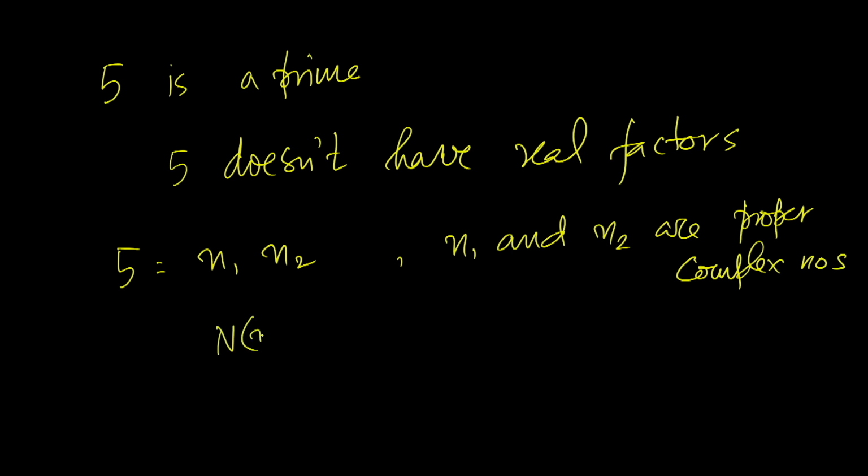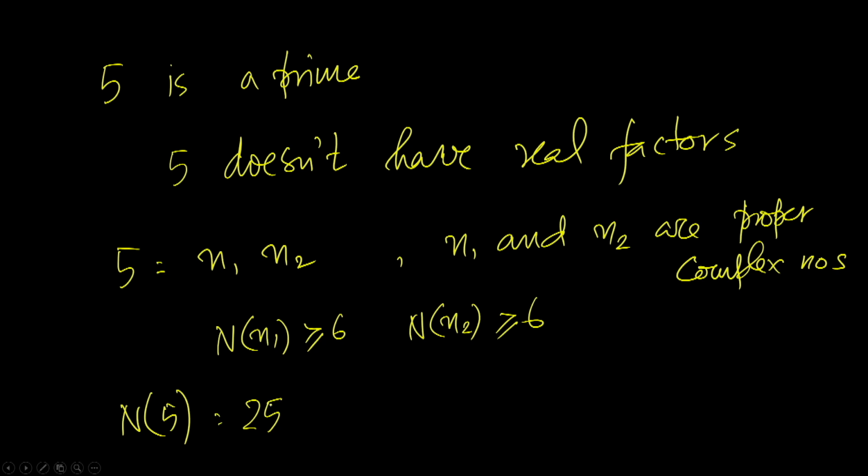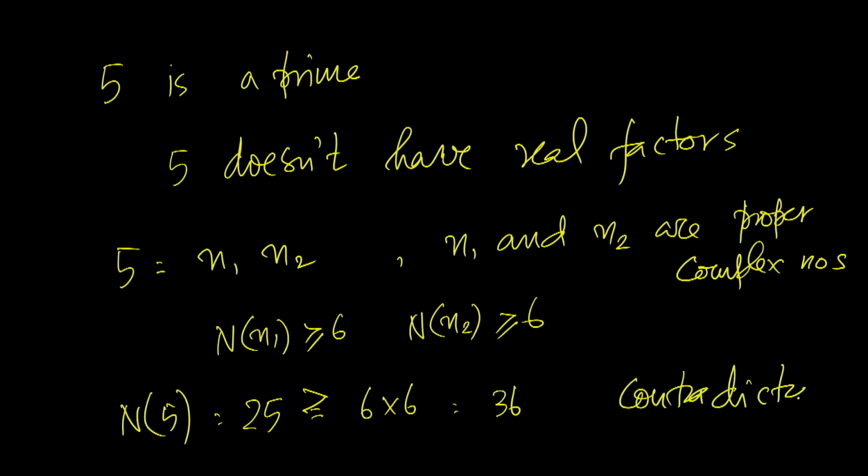Which means the norm of n1 is greater than or equal to 6 and the norm of n2 is also greater than or equal to 6. But the norm of 5 alone is 25. Therefore, we have that 25 greater than or equal to 6 into 6, which is 36, which is a contradiction. Therefore, 5 cannot be expressed as n1 into n2, where n1 and n2 are both complex numbers belonging to C. Therefore, 5 is a prime.